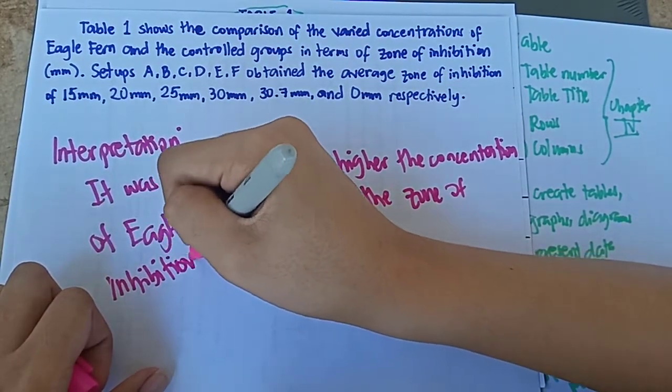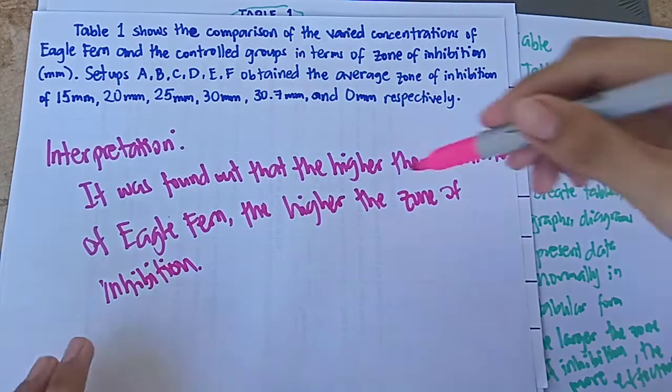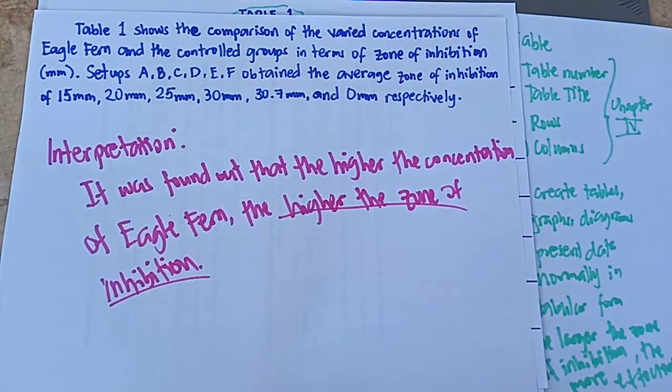So that would be our interpretation. And the higher the zone of inhibition, obviously, the higher the effectiveness.